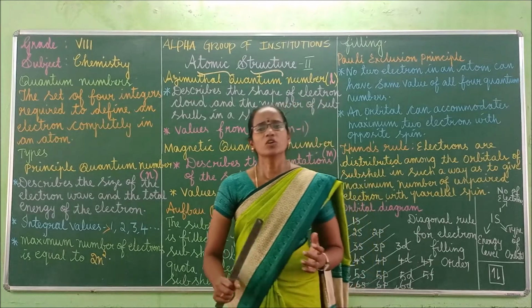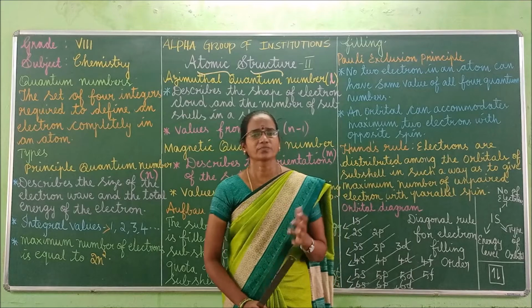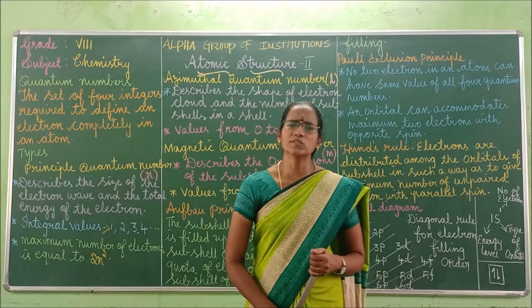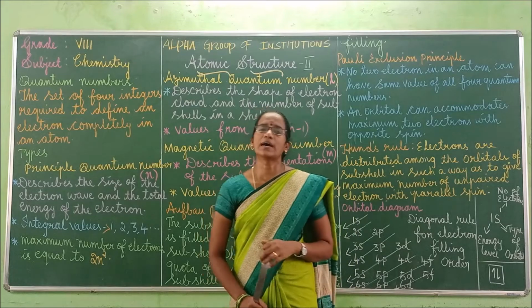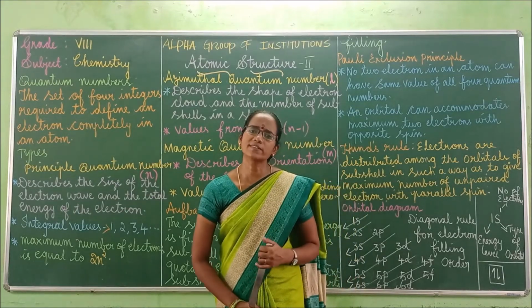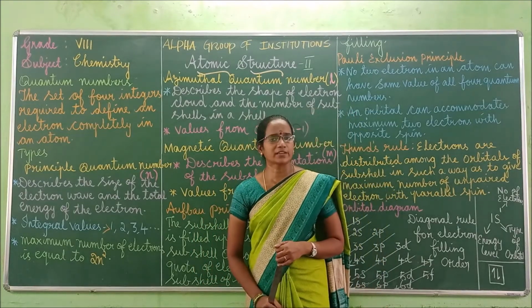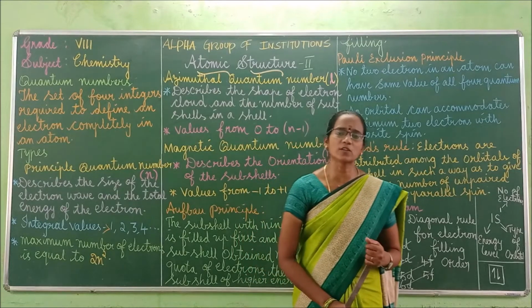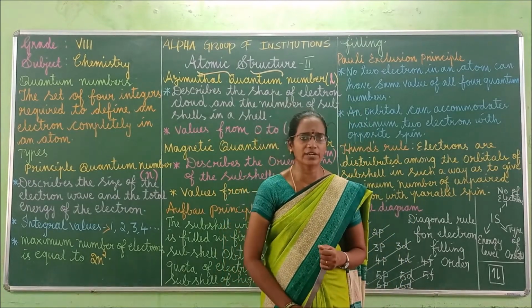Right. So next we can move to electronic configuration. Chemists use electronic configuration to describe the arrangement of electrons in an atom. What is meant by electronic configuration? The arrangement of electrons in various shells of an atom of the element is known as the electronic configuration.